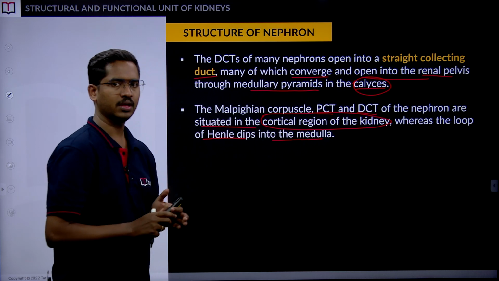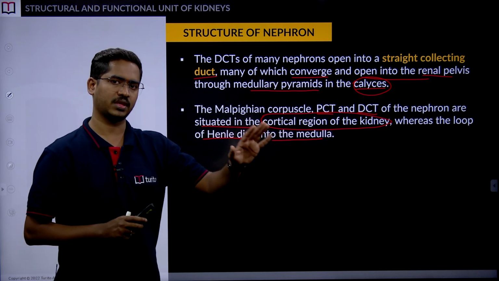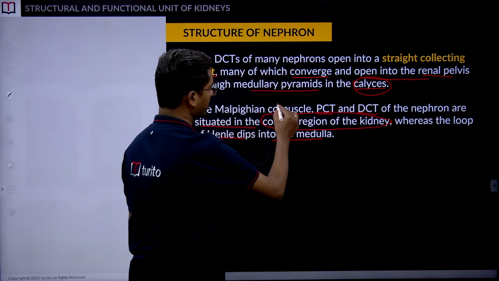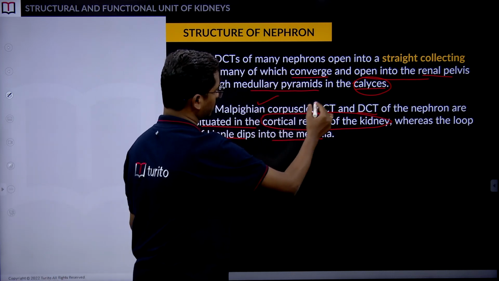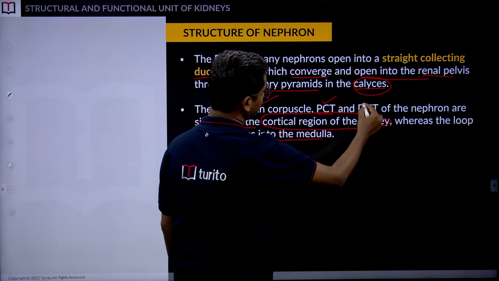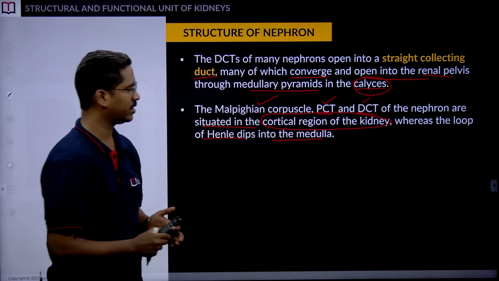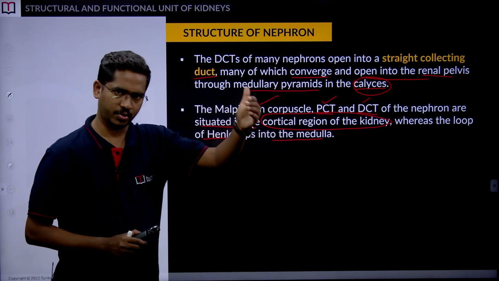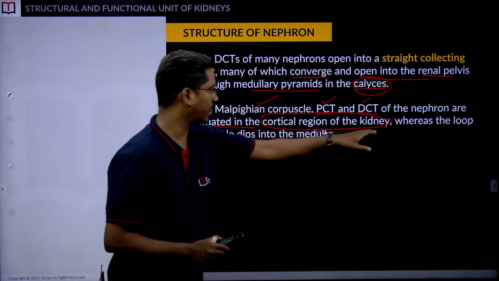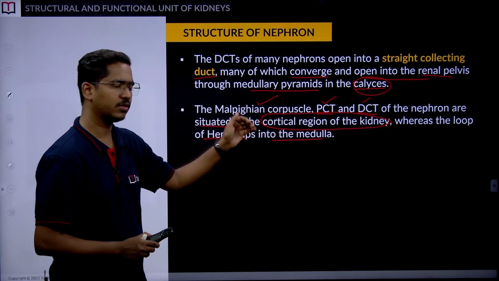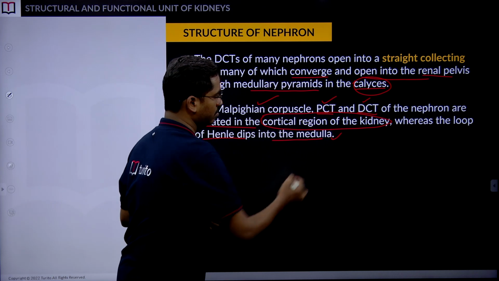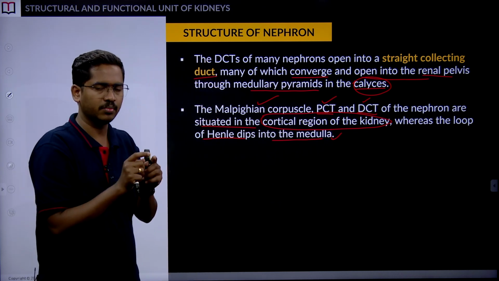That means, the nephron is arranged in such a way that the upper part of the nephron, which consists of the Malpighian corpuscle, proximal convoluted tubule and distal convoluted tubule are present in the cortex region, that is outside the pyramid, and the lower limb of the Henle's loop is present inside the pyramid, that is what is medulla present inside the pyramid.